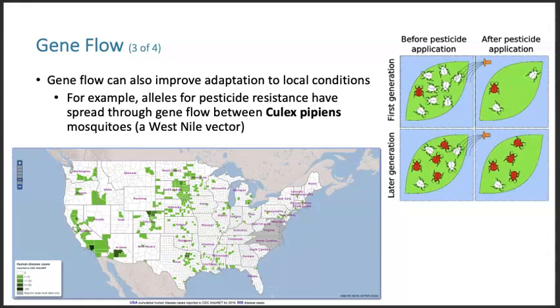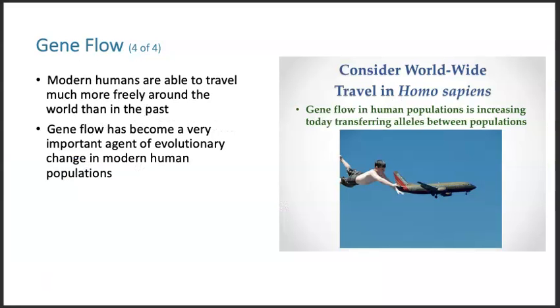So gene flow can improve. And again, for us, that's not such a good story, right? But for the mosquitoes, that gene flow has improved adaptation to local conditions. Another interesting thing about this is what's going on with humans.